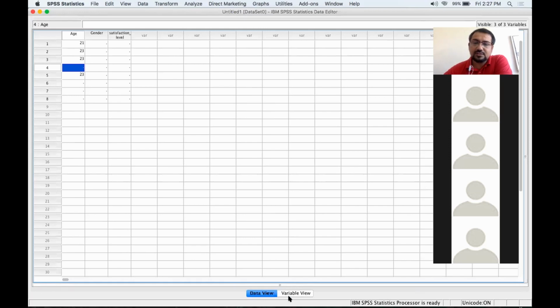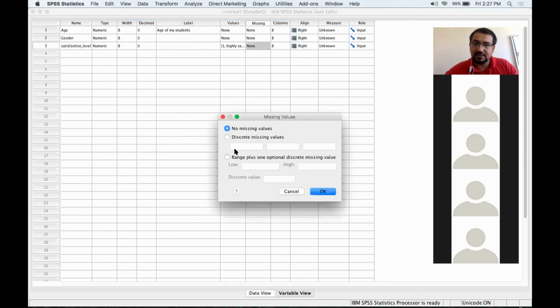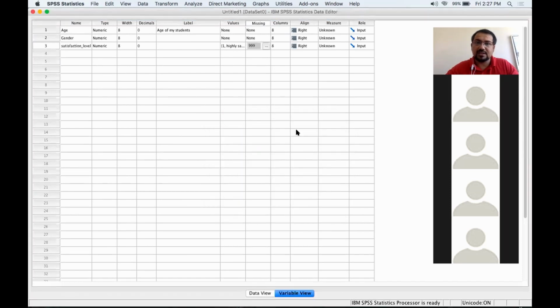So in this case, what you can do, you can create a value which can help you to understand that okay, this is a missing value. For example, you just put it here as, let's say, it will ask for a discrete missing value, let's say 999 or something like that.